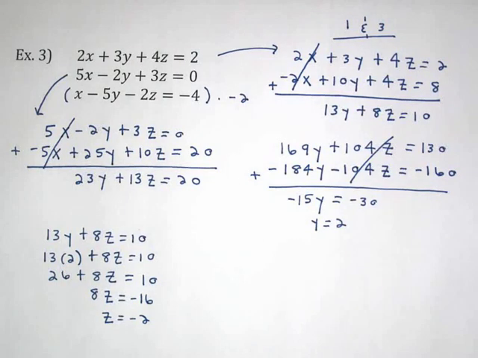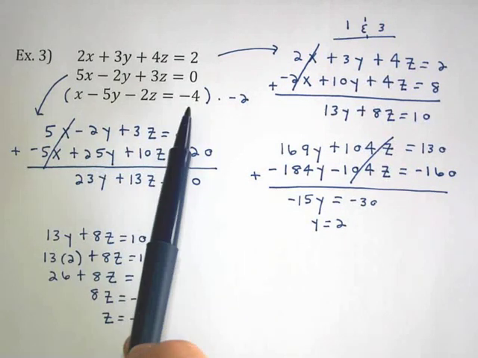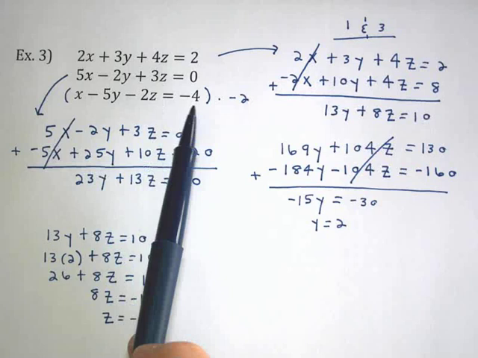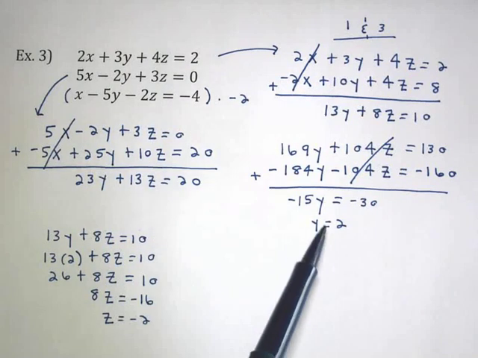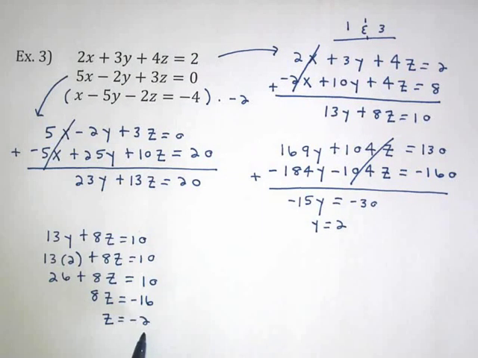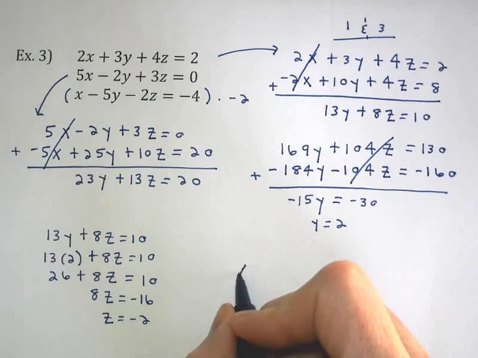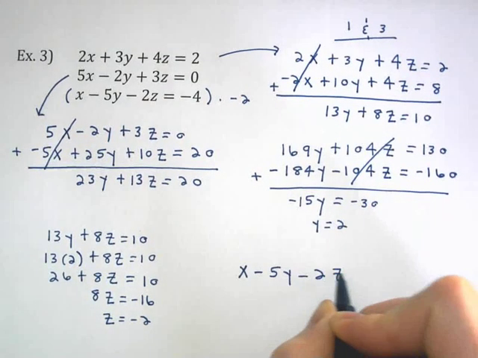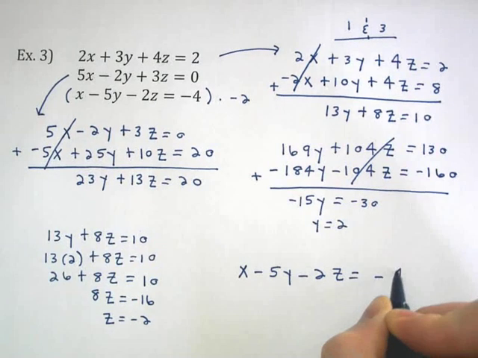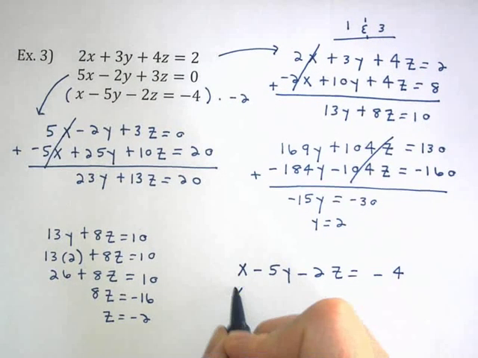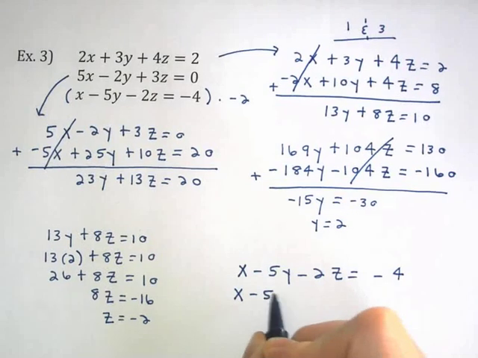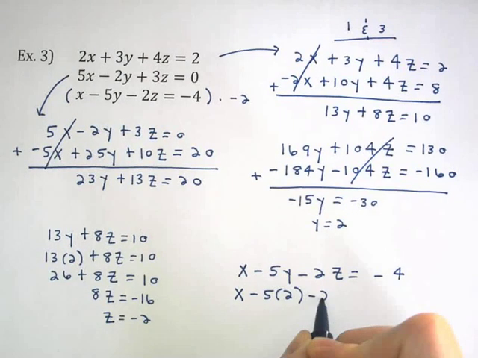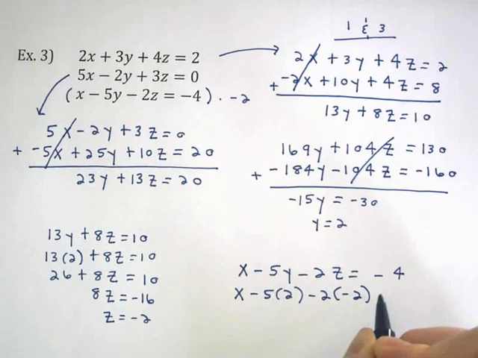Okay, so I've got 2 out of the 3 parts of my answer, and I will now use that to go find what I'm missing, which is x. And so I'm going to use this first equation here from the original problem, put in 2 for y, put in negative 2 for z, and solve for x. So I'm using this equation here. X is what I'm looking for.